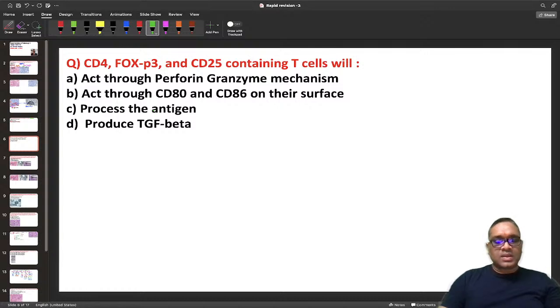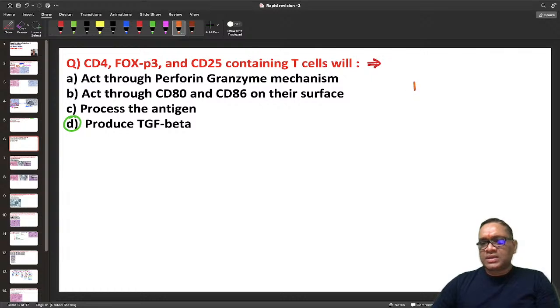Right, so here the answer is D, because of the CD4 FOXP3 CD25 containing T cell. So what is this T cell? Can you tell me what T cell we are talking about, where you are going to see all these things?